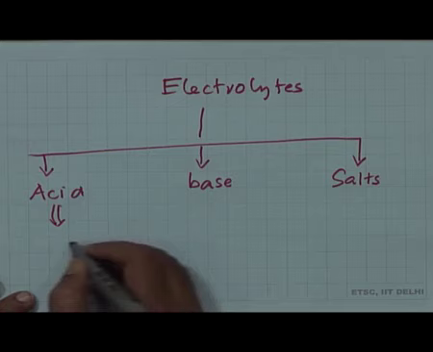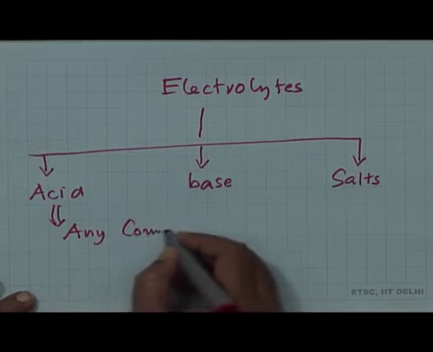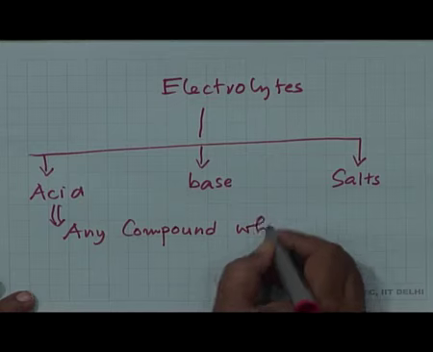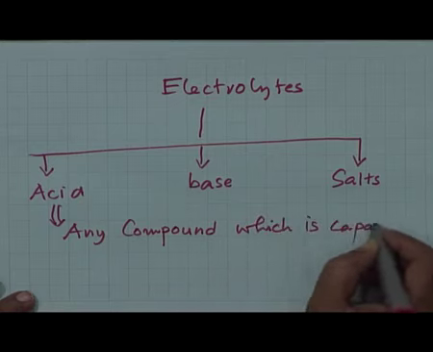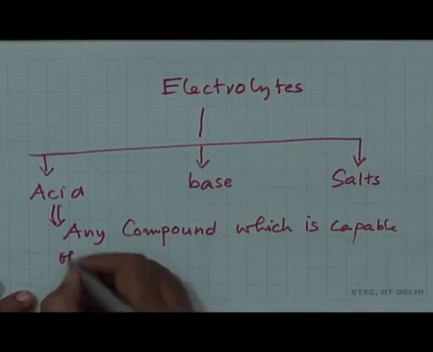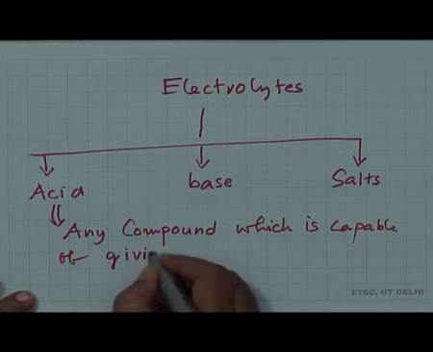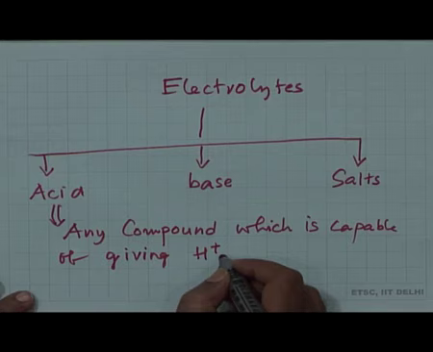So, Arrhenius definition of acid is any compound which is capable of giving H plus ion.